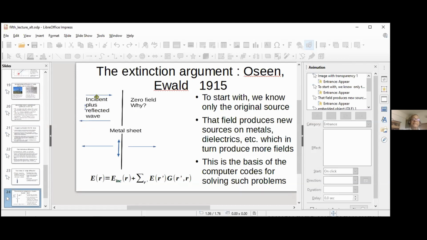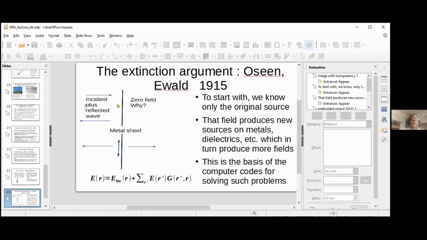The usual explanation we give is that the metal plate reflects this wave, and therefore behind the metal plate there's nothing. But suppose you take the point of view which I just explained to you, and the point of view which Feynman makes the basis of his discussion with optics. Then you have a source, and that creates a wave, and that wave fills the whole of space.